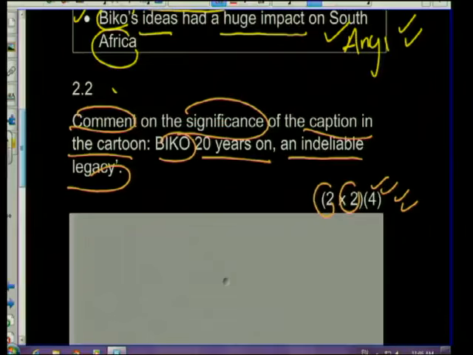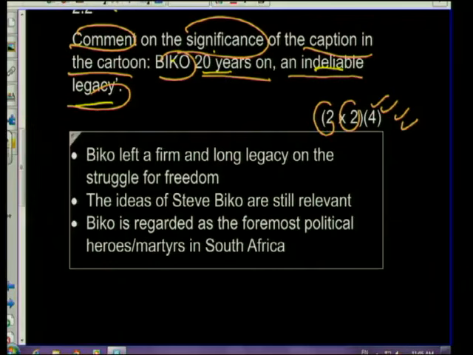If we go to 2.2, we've highlighted the important keywords in the question. We've got to comment on the significance of the caption, which says, Biko, 20 years, an indelible legacy. Let's look at the answer. Here we go. Biko left a firm and long legacy on the struggle of freedom.